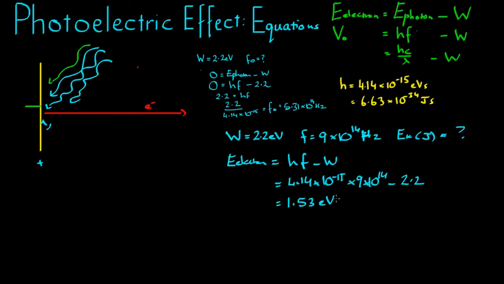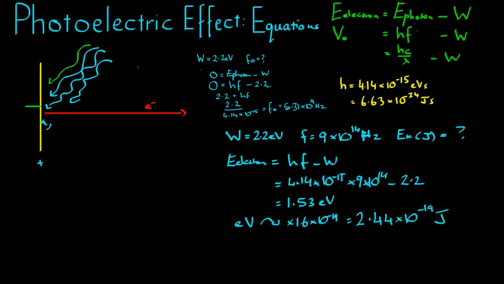Yeah. And since we wanted it in joules, to go from electron volts to joules, I've got to multiply by 1.6 times 10 to the negative 19, which is equal to 2.44 times 10 to the negative 19 joules.